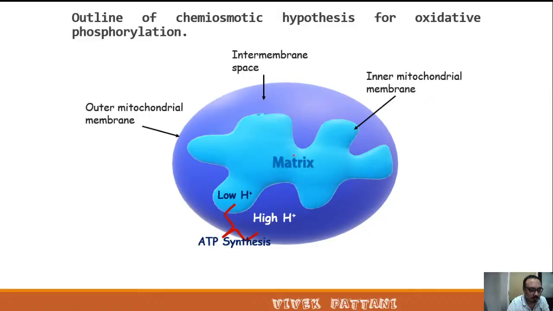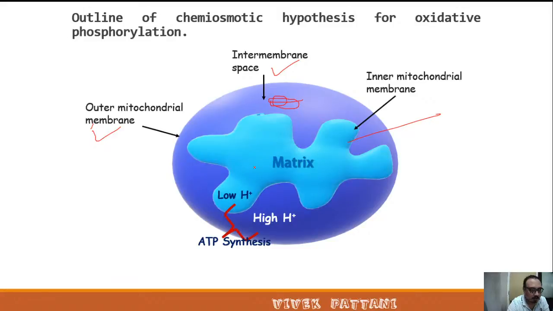Now this is outlined simply. A diagrammatic view of the oxidative phosphorylation, the chemiosmotic hypothesis or chemiosmosis. This is the outer mitochondrial membrane, the intermembrane space here, and this one is the inner mitochondrial membrane.